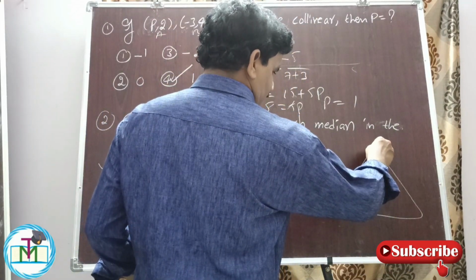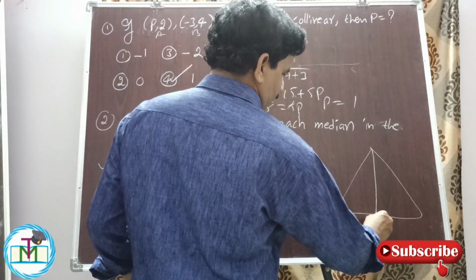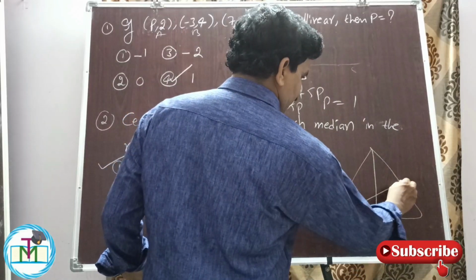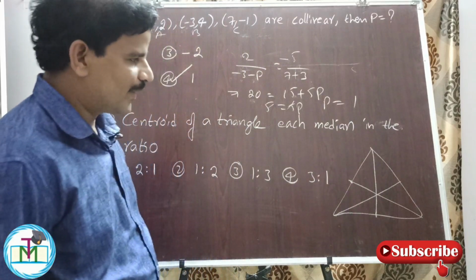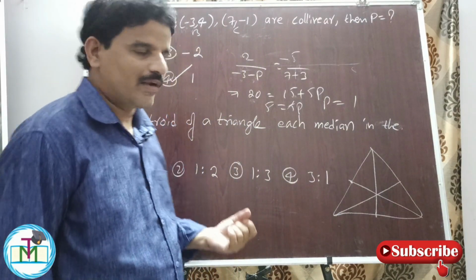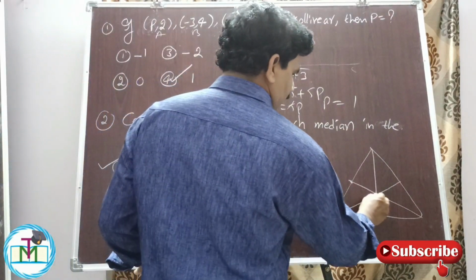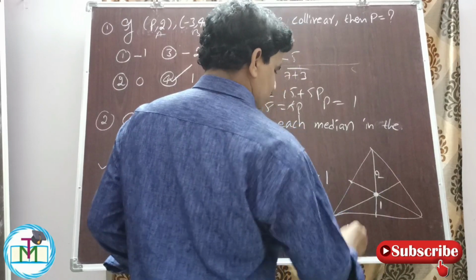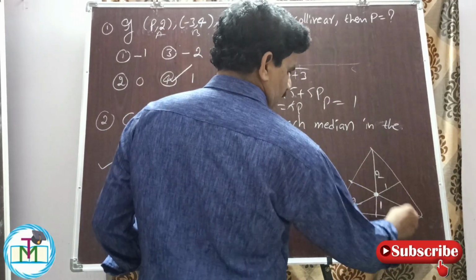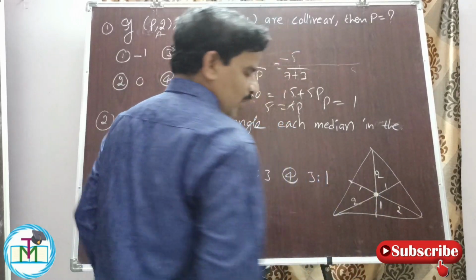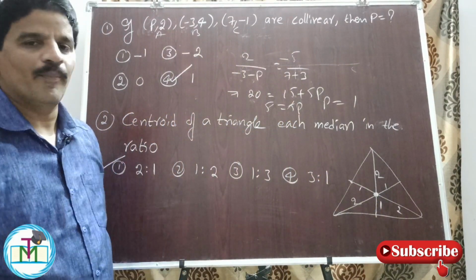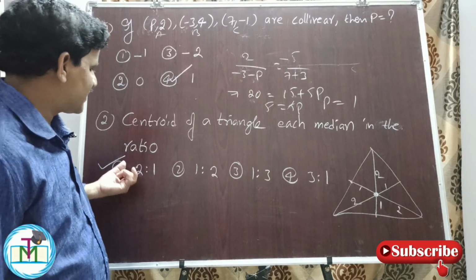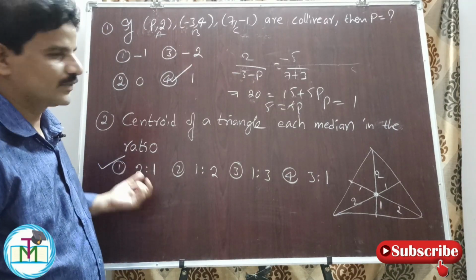This is a median, this is also a median, this is also a median. So the centroid is nothing but the point of concurrency of medians. So 2:1. Similarly this is 2, this is 1. Similarly this is 2, this is 1. So this is a standard fact, we have to remember this.